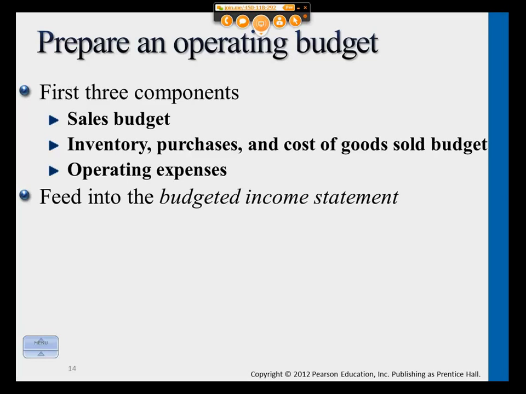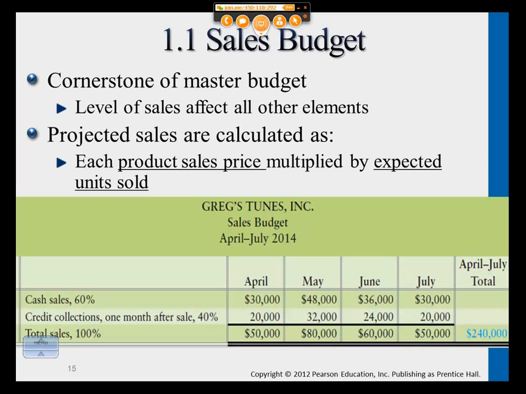All right? So let's look at this example. The first one we have is a sales budget, right? We said. So put this little example on the bottom. Your sales budget is probably the most important one.